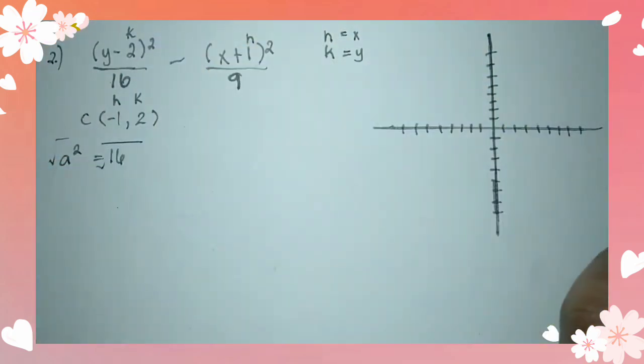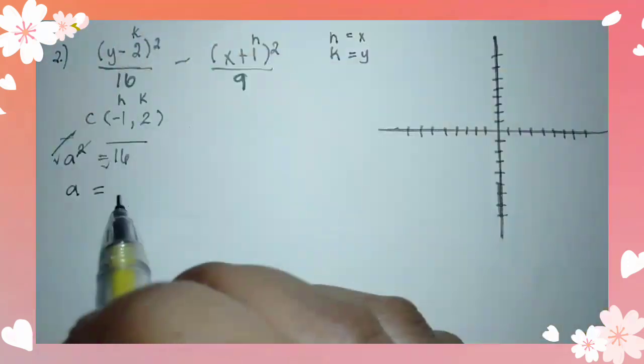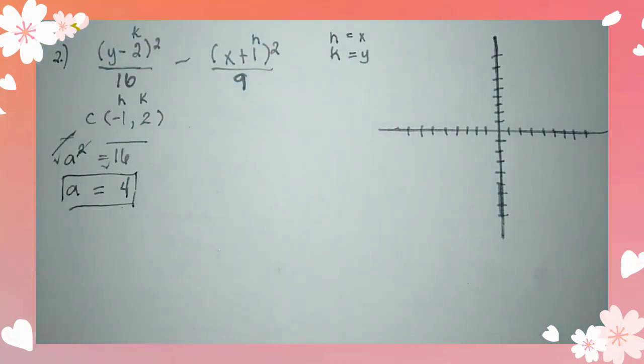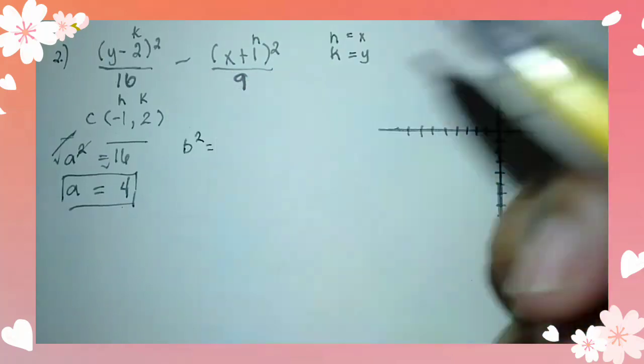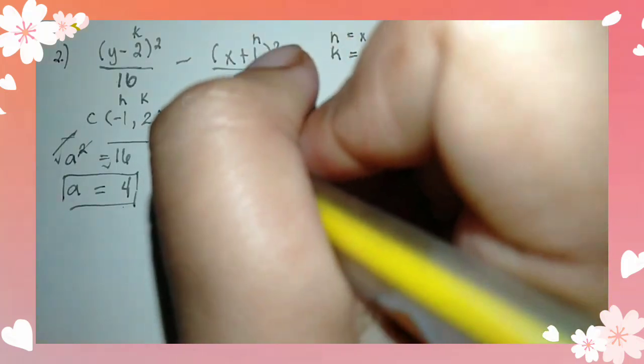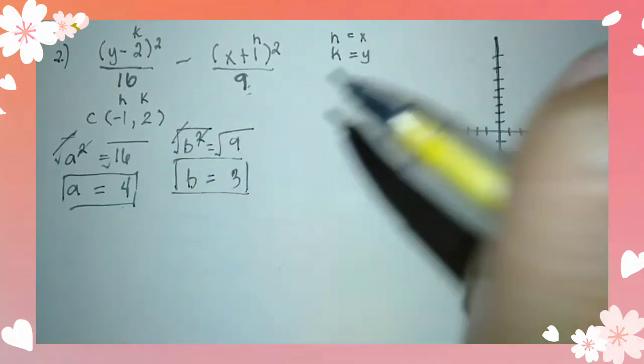Ayan. And then cancel. So, natira na lang si a. And square root of 16 is equal to 4. So, ayan, nakuha na natin si a as 4. Next thing to do is to get b. So, ang ating b squared is 9. So, we have 9. And then, ang hahanapin lang naman natin is b. So, extract square root again. Cancel. Then, b is equal to square root of 9 is 3. So, nakuha na natin si b.